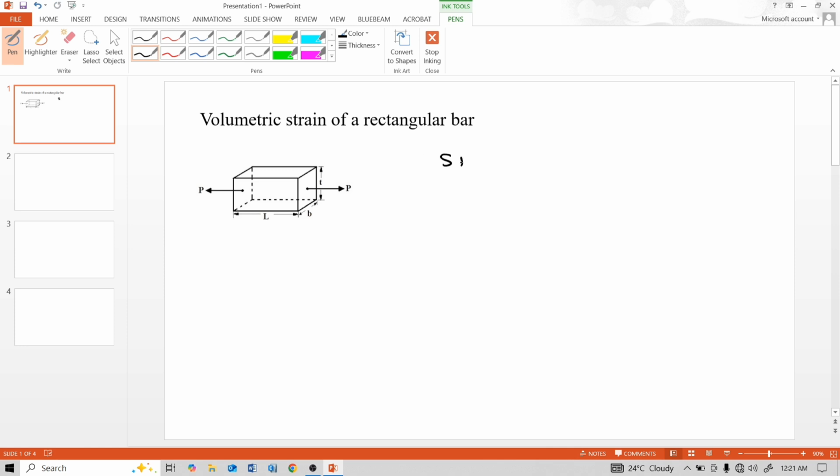First, step 1: original volume of a rectangular bar.